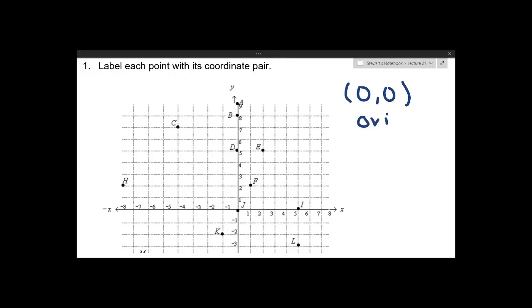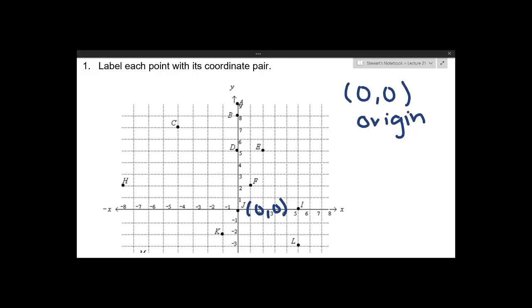That's called the origin, and that would be the center point. So we know that J is 0, 0. It's the origin. That means you go 0 units in terms of x, and you go 0 units in terms of y.